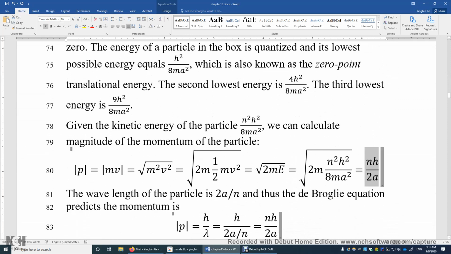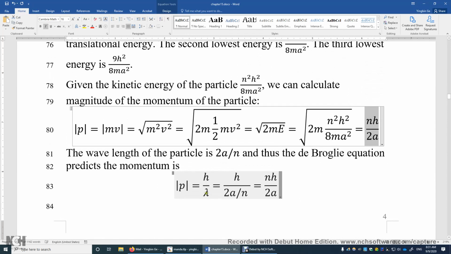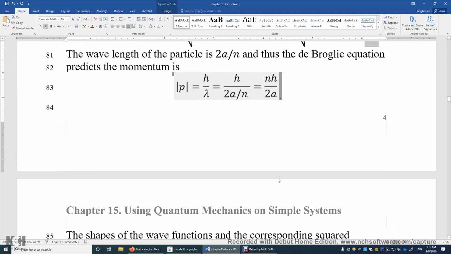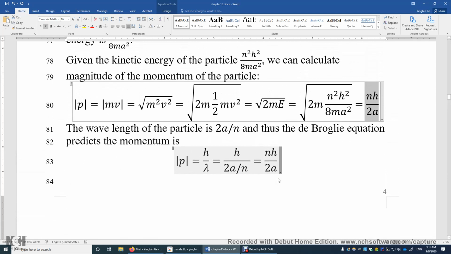All right. So now let's get back to the de Broglie equation. Lambda, the wavelength, is 2a over n. So the momentum is h divided by 2a over n, which is nh over 2a. This expression is exactly the same as this equation. So again, if we have a particle in the box, it has a wavelength. The wavelength depends on its quantum number. The wavelength is 2a over n.